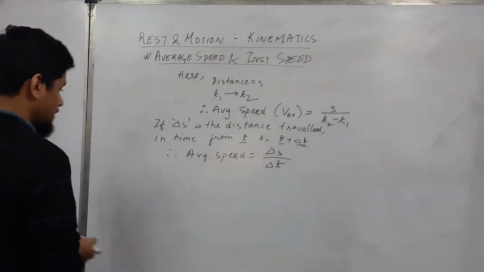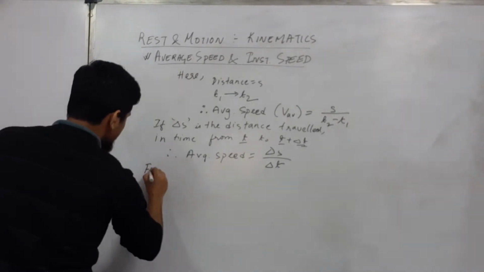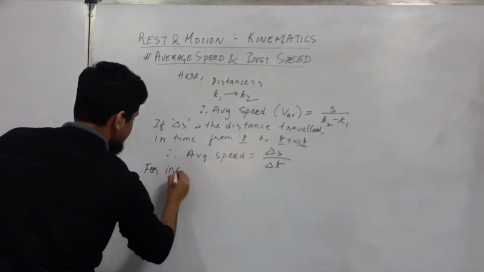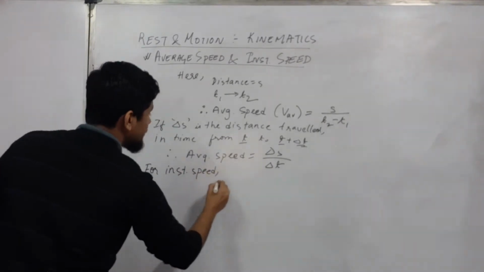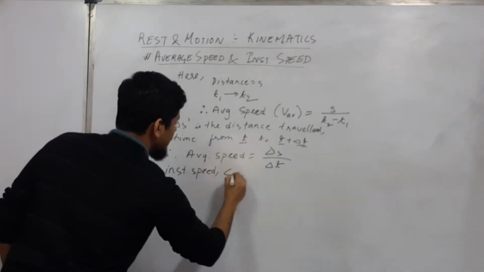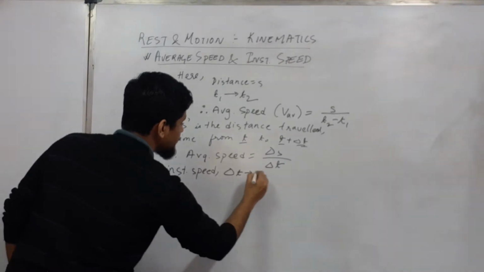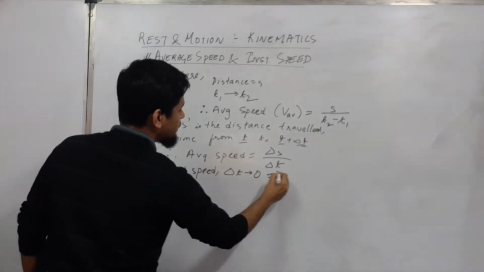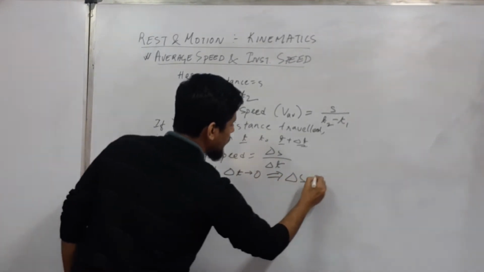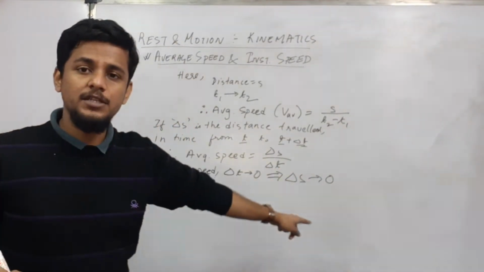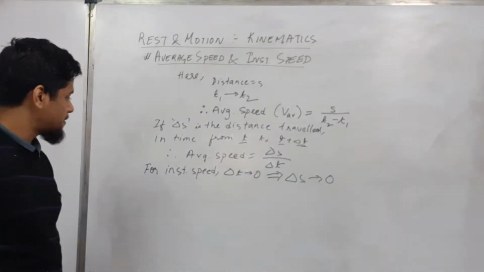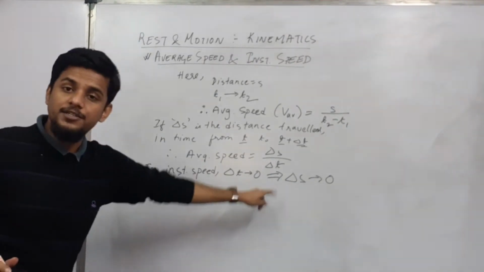So for instantaneous speed, delta t tends to 0, and that implies that delta s will also tend to 0. This is the condition for the instantaneous speed.